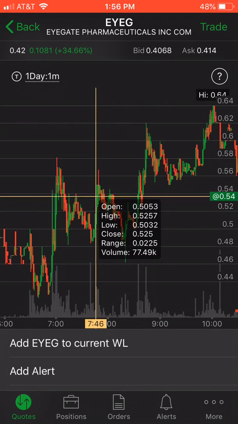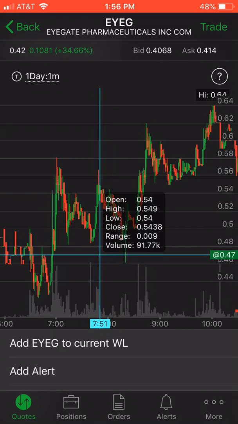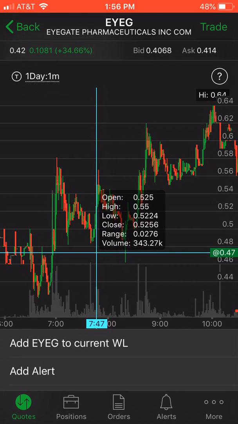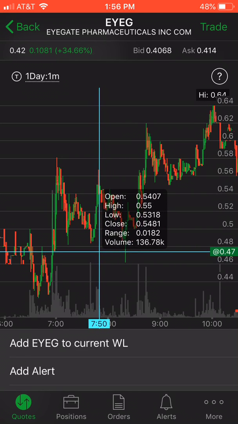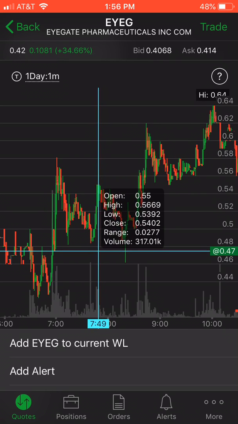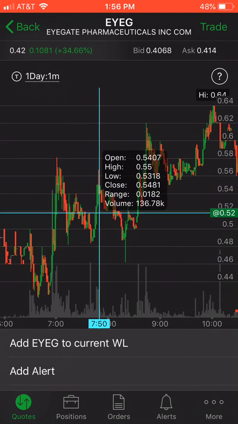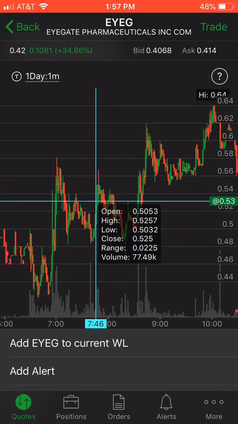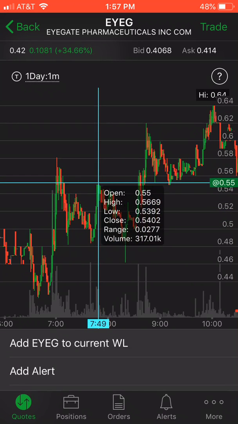and the trading volume when it was around 54 cents, sometimes it looked like 300,000, a lot of over 100,000. So I could have taken like 20,000 shares. I could have bought 20,000 shares around 54 cents for around $10,000.